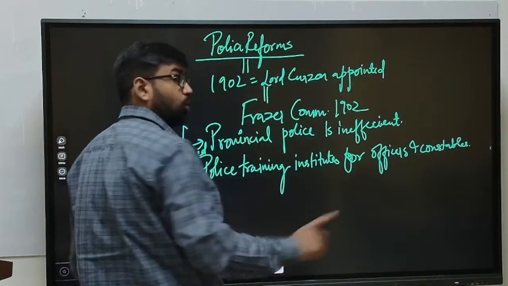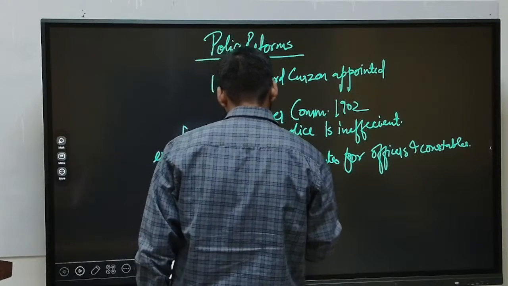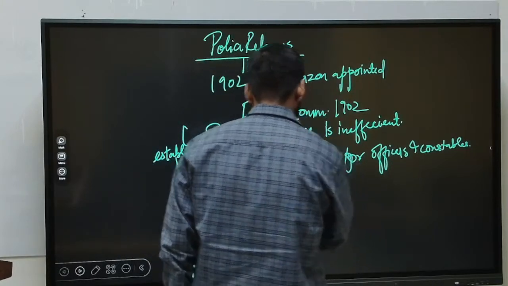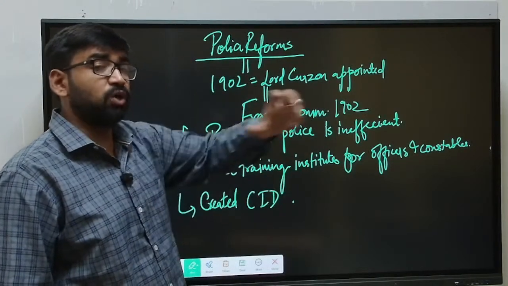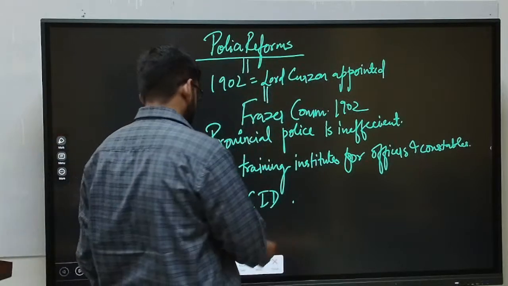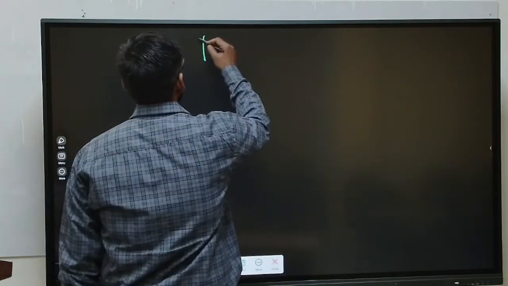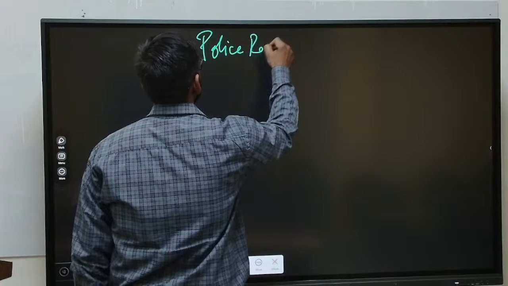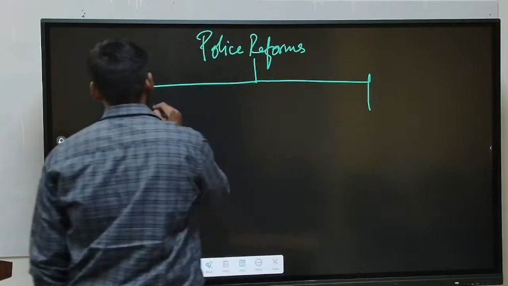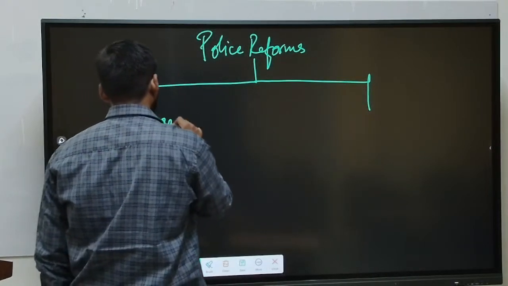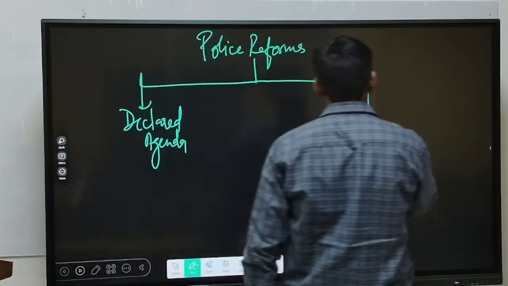And second, Lord Curzon created the CID department. Now what was his declared agenda and what was his real agenda? Now try to understand. So through police reforms, his declared agenda and hidden agenda.